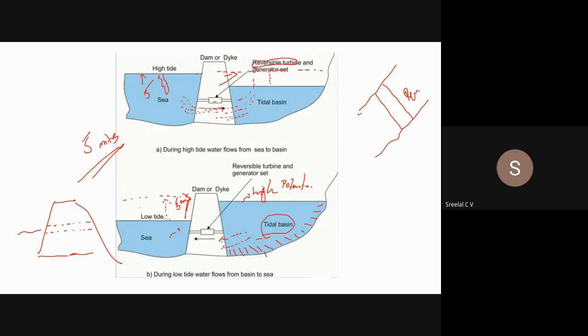Okay, that particular opening is known as sluice way. Okay, do you understood?